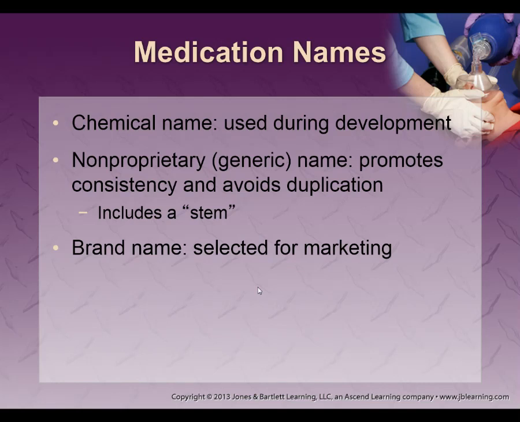Then once it's completed testing and it's ready to go for human trials, it gets a generic name. That generic name will stay with it forever. And then once it's ready to be sold in the marketplace, sold to pharmacies, sold to patients, it gets a brand name.